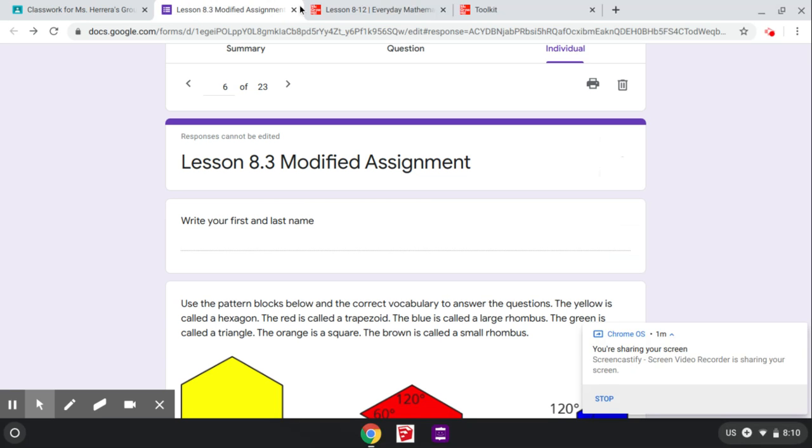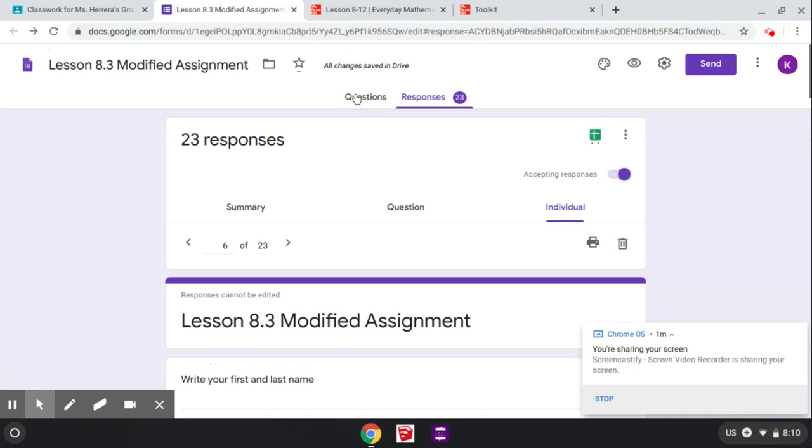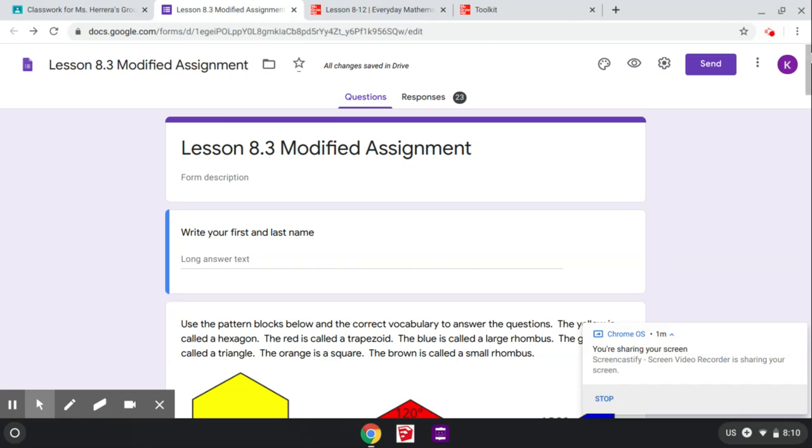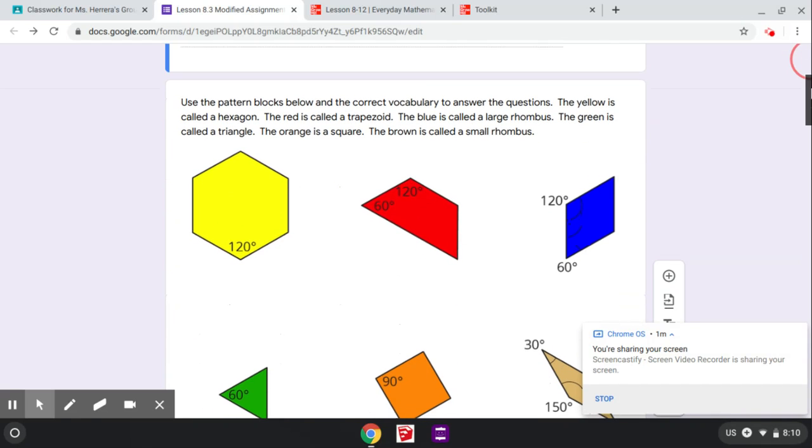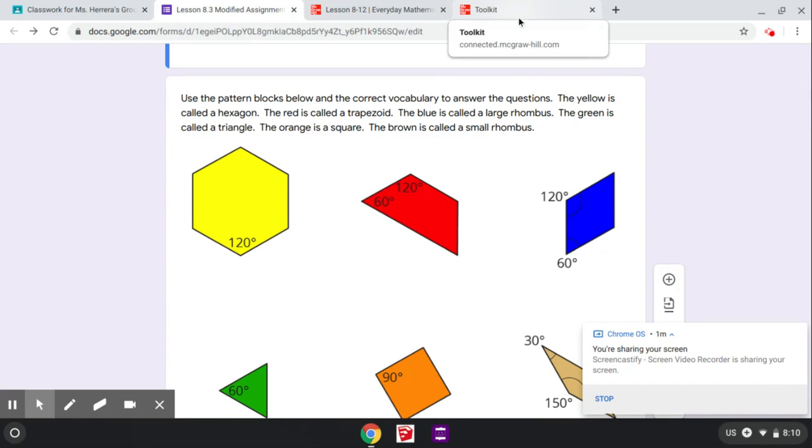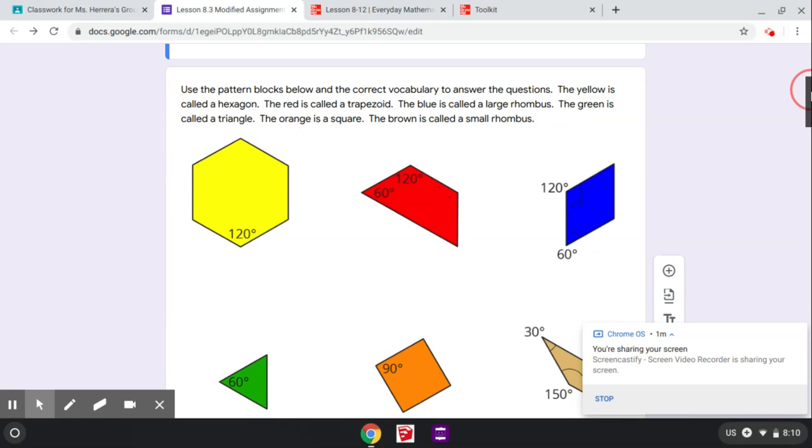Oops. Let's go back to the questions. And we're just going to review the questions here for the most part, but I have the toolkit open because I want to use it for the last 2 questions. I did make a mistake, boys and girls. Instead of 5 questions, I posted 6 questions. So I wrote number 2 twice, but I went back and I fixed it.